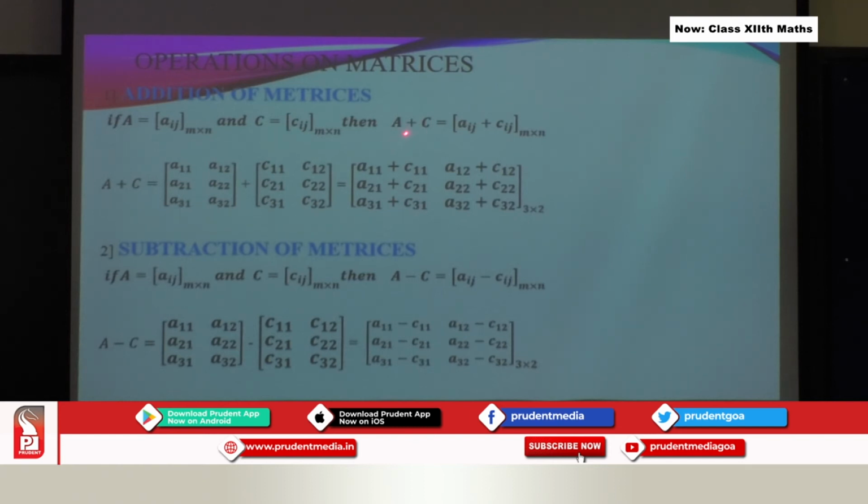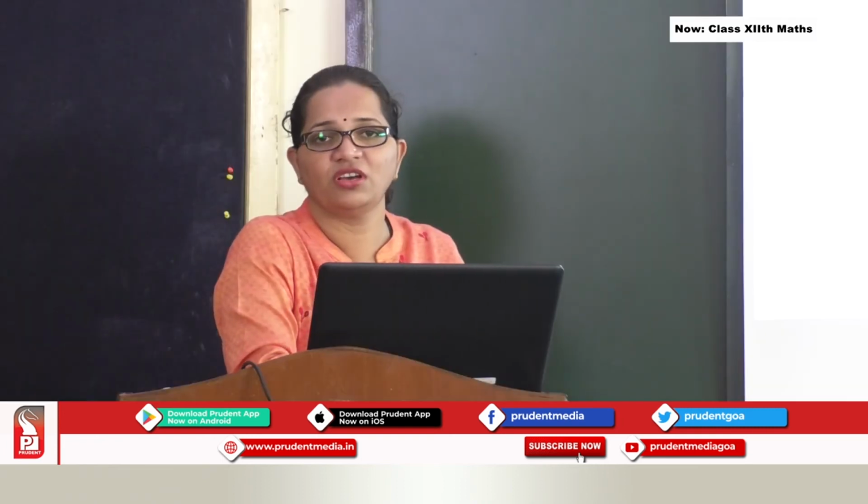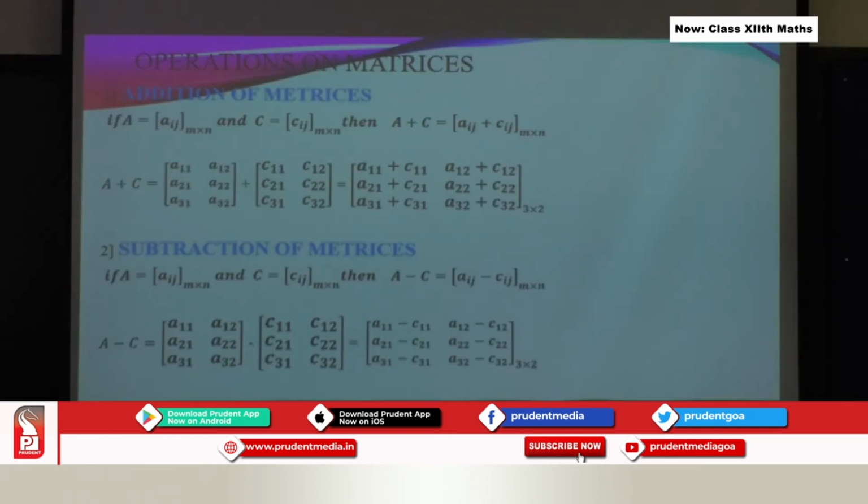So what we get over here, A plus C equals, you can see the corresponding elements are getting added. So what is the procedure you need to follow? The corresponding elements you need to add. In general, this is the first matrix plus the second matrix, and the first entry in the final output of addition, I am getting as A11 plus C11.